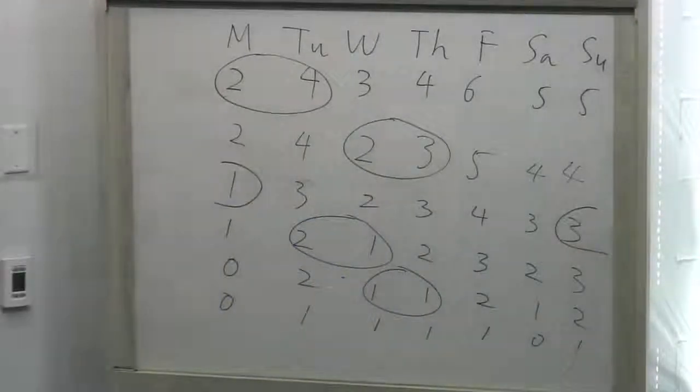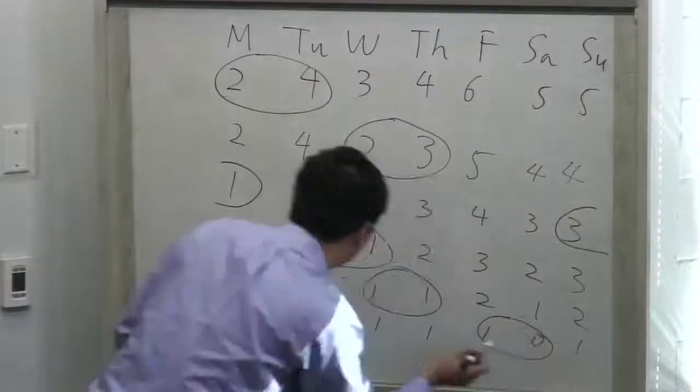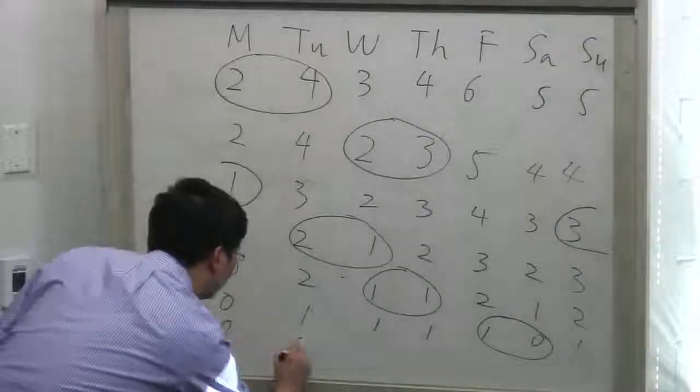And come back to Christine. Then we have to schedule her. Which 2 days should Christine take off? Friday and Saturday. There's a lot of combinations like this. Okay, take Friday and Saturday, 0.